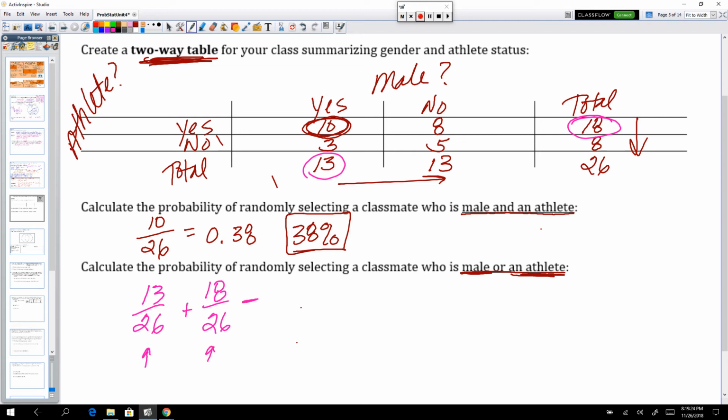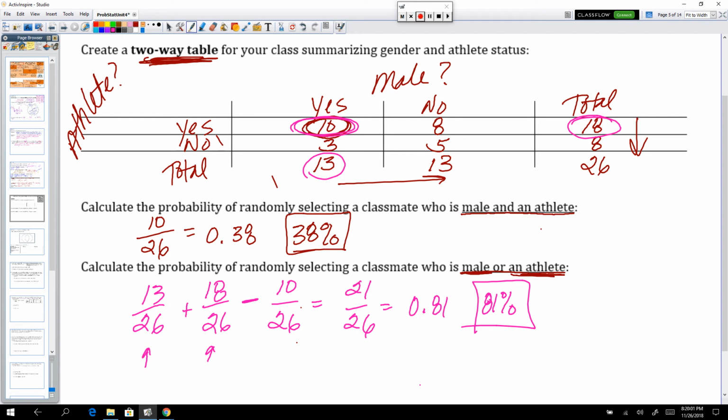So we will subtract out the 10 out of 26 that are both male and athlete. That's so that we can avoid double counting them. So if you were to do that, you would have 21 out of 26 chance of finding somebody that's male or athlete. Much better chance, right? That makes sense. There's definitely more of those. That's a 0.81 or 81% chance of randomly selecting a male or an athlete.